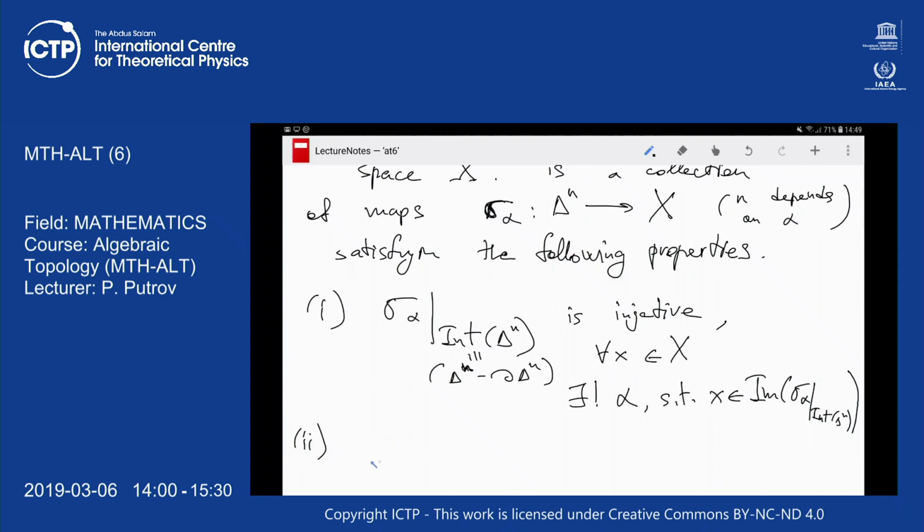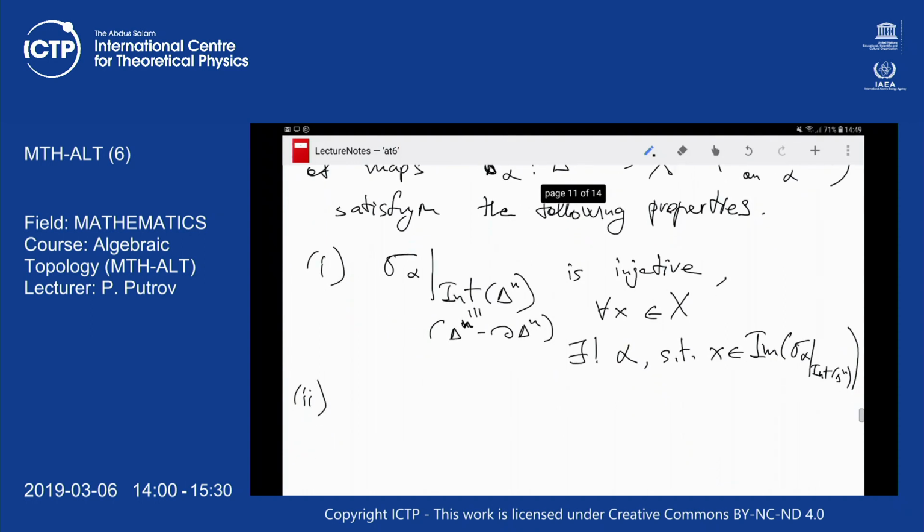It will be more clear from the other structure. So if you restrict sigma alpha to a face of delta n, by face we mean an n minus 1 subsimplex. So, for example, for a tetrahedron the faces are triangles, and the face of a triangle is its edge.